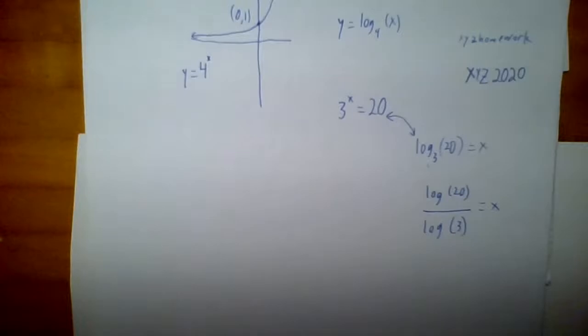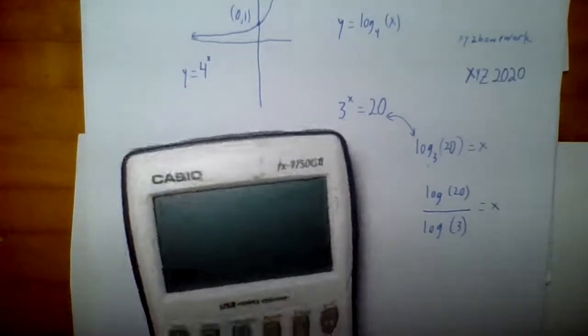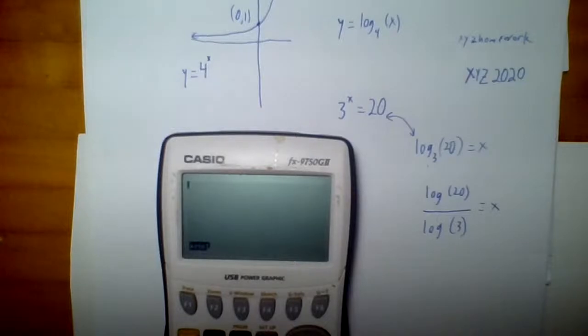So let me see what that comes out to on the calculator here. I have one handy. I think this is readable on here. So notice I've got a log button. It's just regular log, which is base 10. It doesn't even say that, but the common log is base 10. So log of 20 is going to be some weird number, 1 point something.